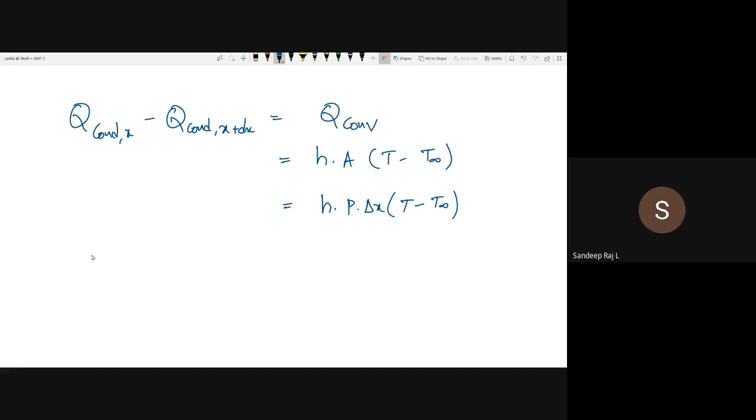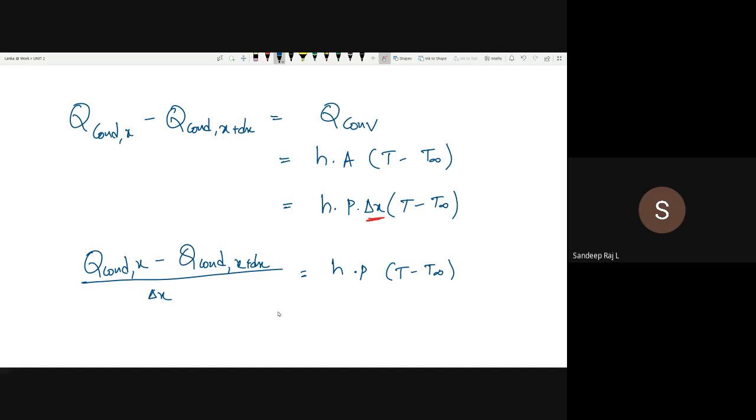On this side, what I have is Q conduction x minus Q conduction x plus dx, and I will write the delta x that is present here onto my left hand side so that it gets divided by delta x. What I'm left with on this side is hP into T minus T infinity.